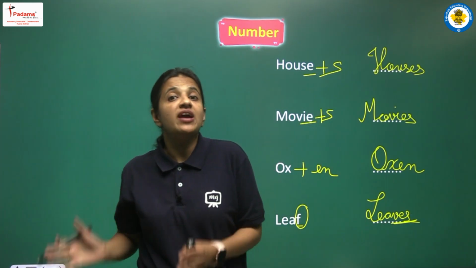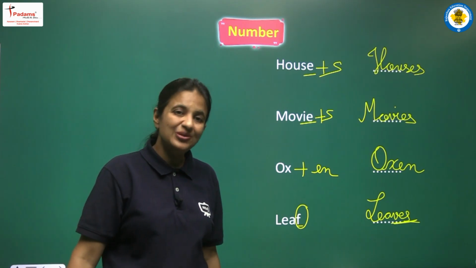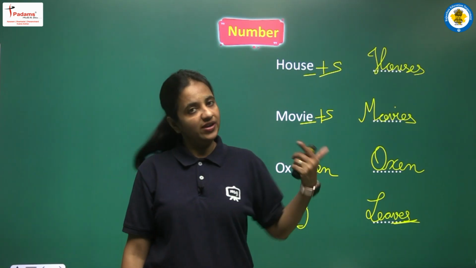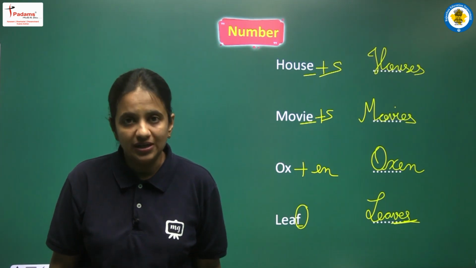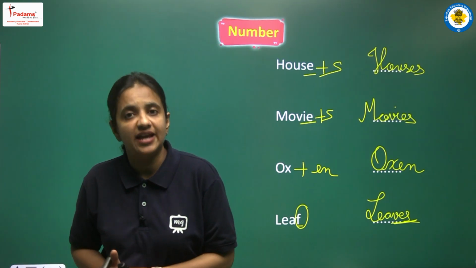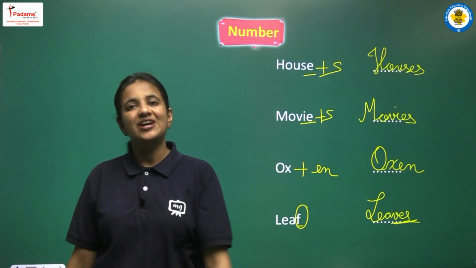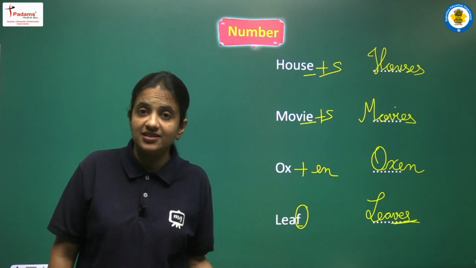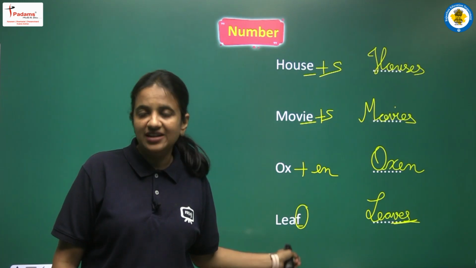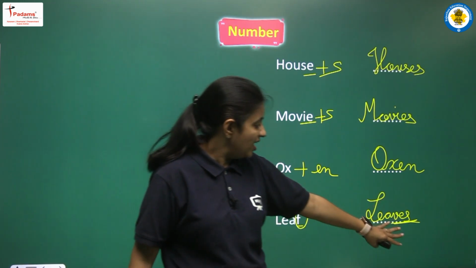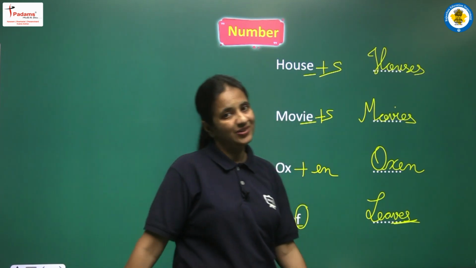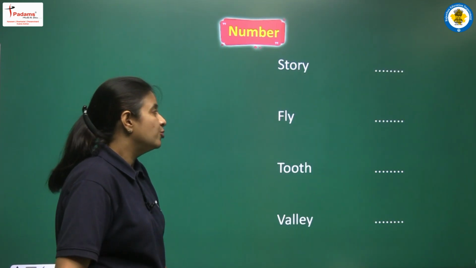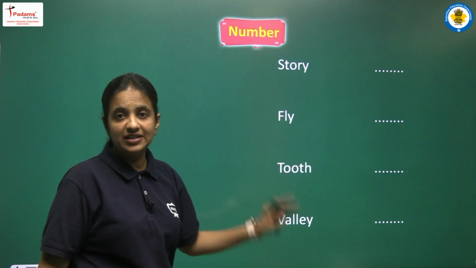So this is the rule, that if we are having F, or we can have FE also at the end of the word, then we have to remove those letters, and in the place of those letters we have to write VES. So here we are having leaf, that is a singular noun, and now we are having the converted plural noun, that is leaves.